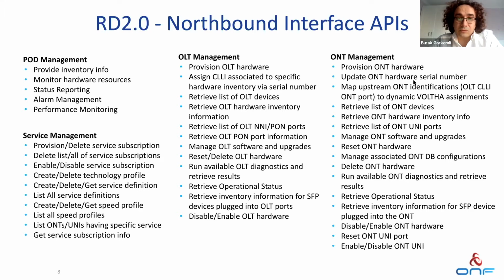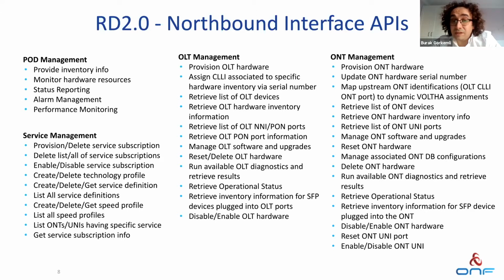And after that, we have APIs for ONT management, where, like the OLTs, we can provision new ONT hardware and update what is there. It's important because it gives the operator or the user the ability to replace a faulty ONT, for instance. Then we can retrieve a list of what is there in terms of ONTs.